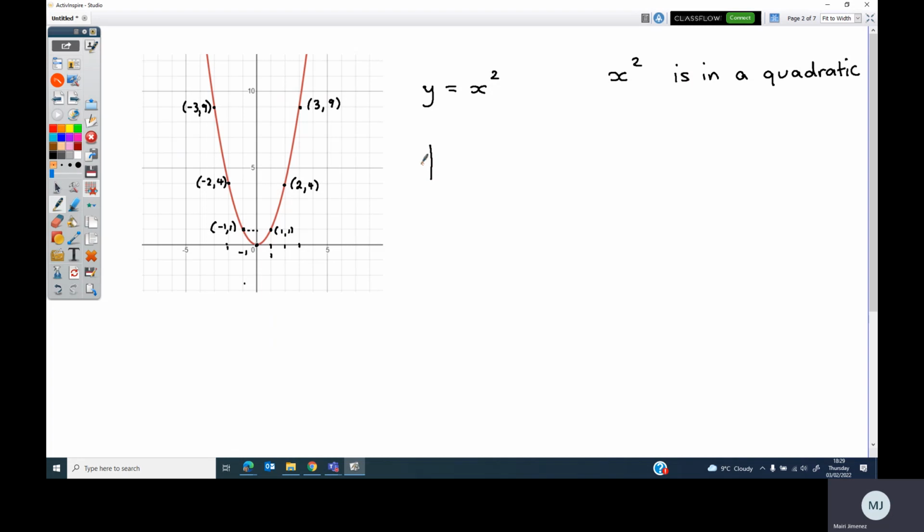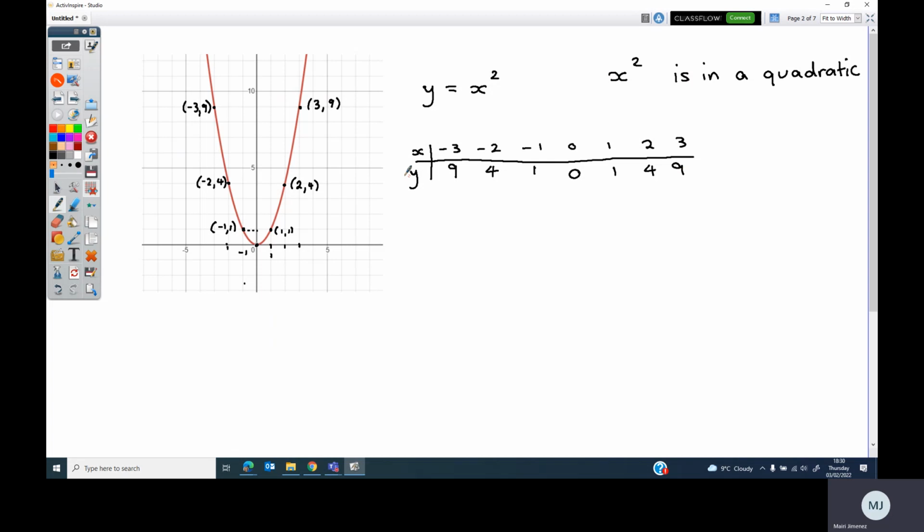So we can draw a table to show you the x and the y coordinates. The x coordinates that I've got there are -3, -2, -1, 0, 1, 2, and 3 in order. If we square them to find y, -3 squared is 9, -2 squared is 4, -1 squared is 1, 0 squared is 0, and then the same here, 1, 4, 9.